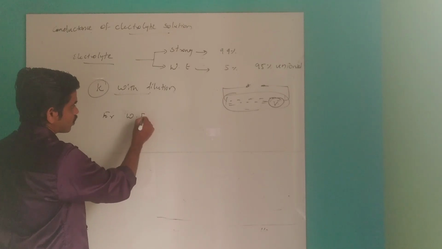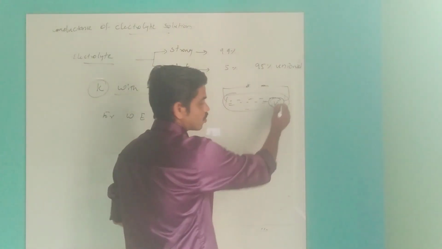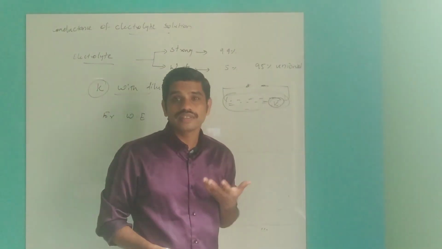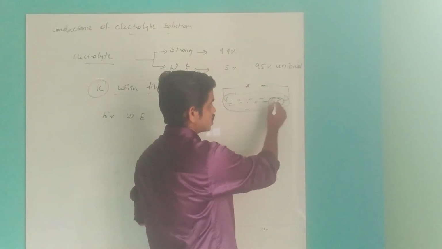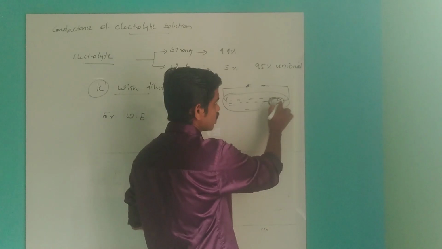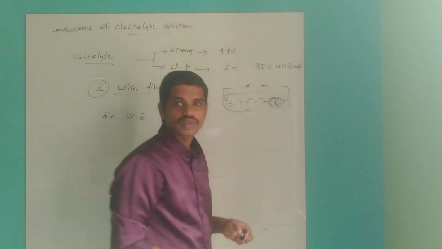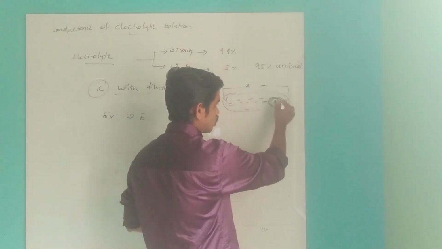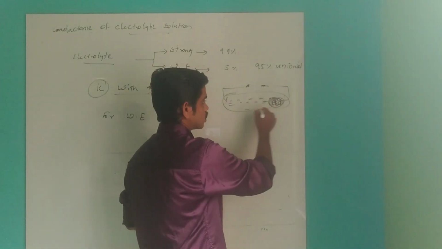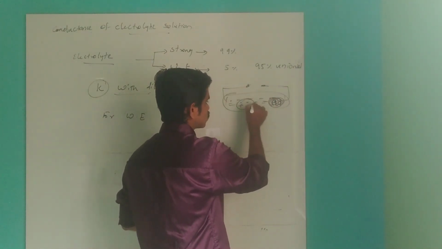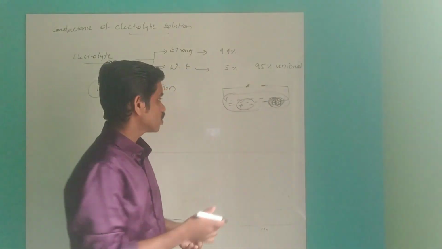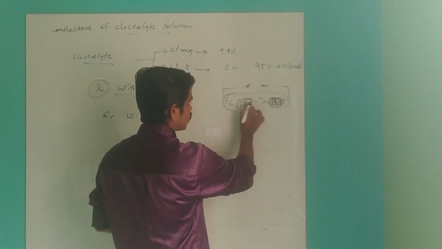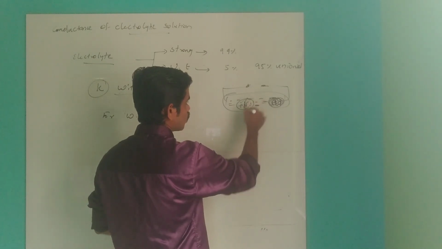For a weak electrolyte, suppose initially there are two ions present. You dilute it, adding more water, and the water will come in and the ions will move apart.